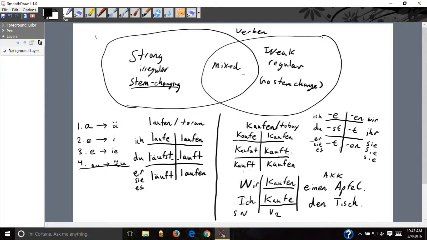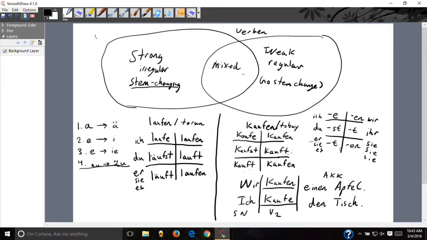Now, notice the pronunciation has changed for the du and es form. Ich laufe, du läufst, es läuft, wir laufen, ihr lauft, sie laufen. So this is an important concept when conjugating what we consider stem changing vowels.